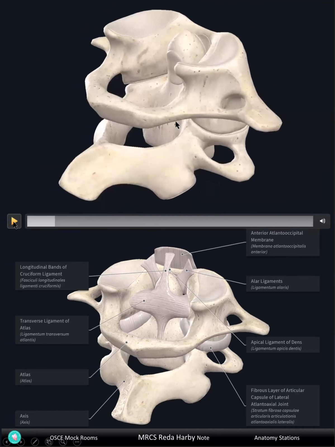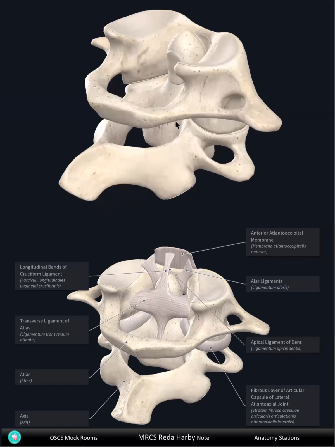So see here, this is between the lateral masses, a planar type synovial joint because there is only gliding here. But what allows the rotation is the articulation of this one, the median atlanto-axial joint. So two lateral and one median, so three synovial joints. One is planar, and the median is a pivot one to allow rotation to the right and left. Very nice.